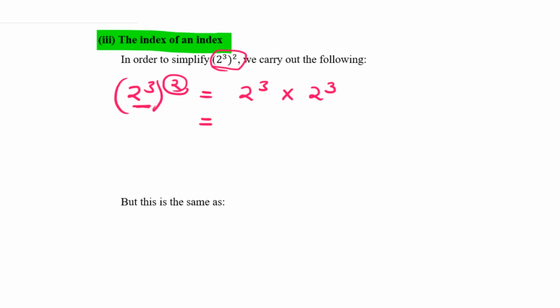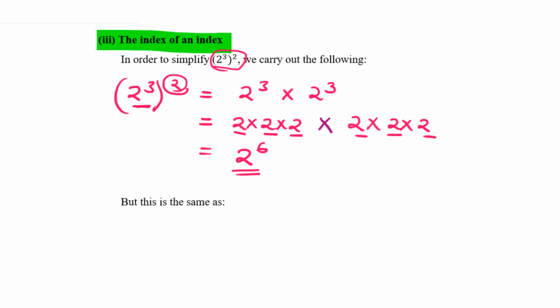Now 2 cubed is just 2 times 2 times 2, multiplied by another 2 cubed, which is 2 times 2 times 2. That gives 2 times 2 times 2 times 2 times 2 times 2. If we simplify and leave the answer in index notation form, it is 2 power 6, because there are 6 twos.